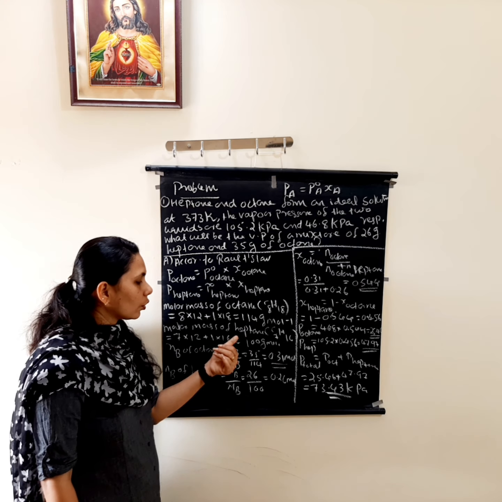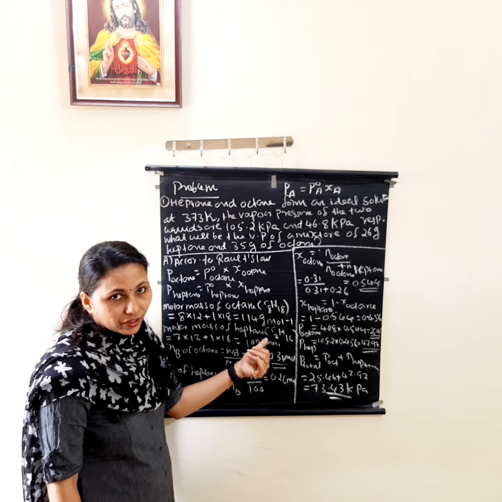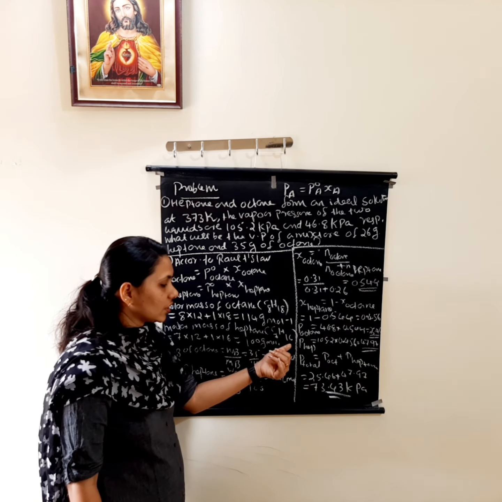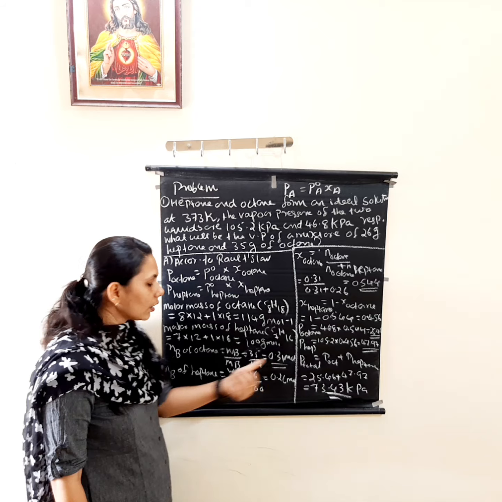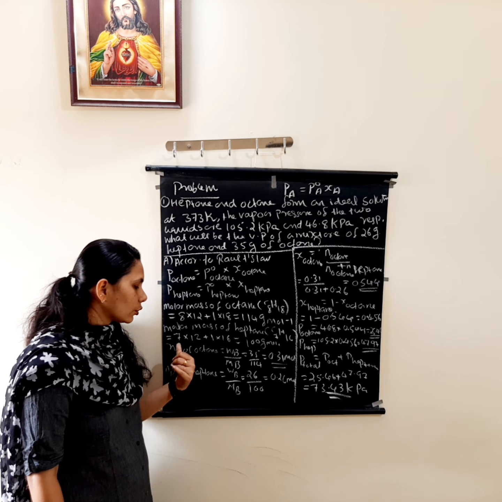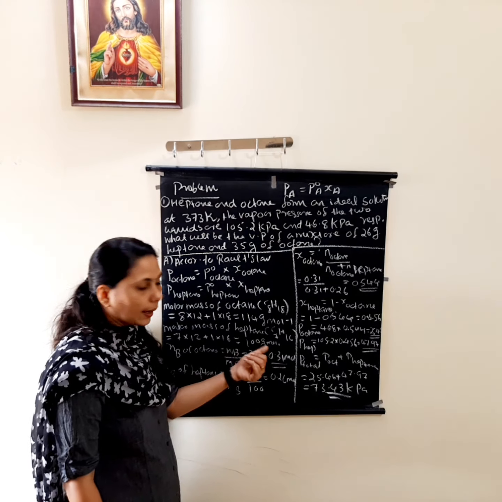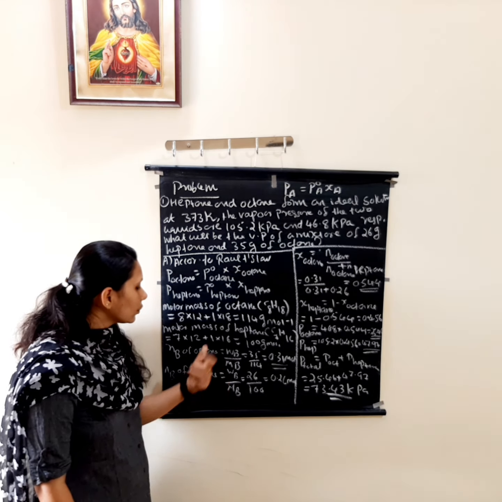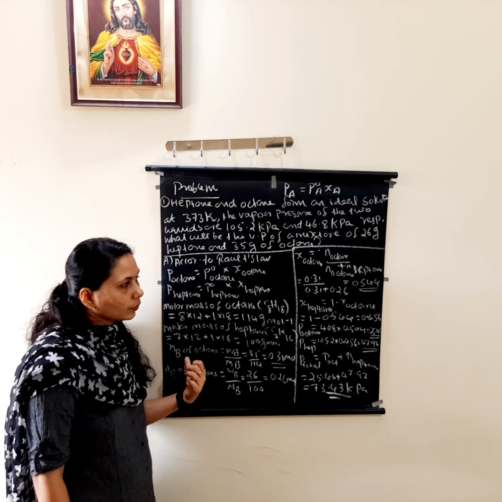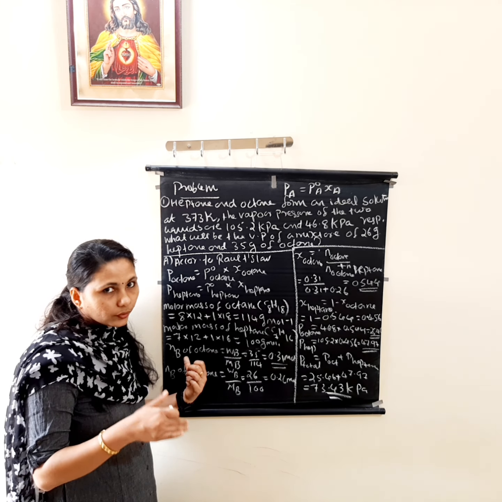Then heptane: hept means 7 carbon atoms, so C7H16 is its molecular formula. So 7 into 12 plus 1 into 16 equals 100 gram per mole.